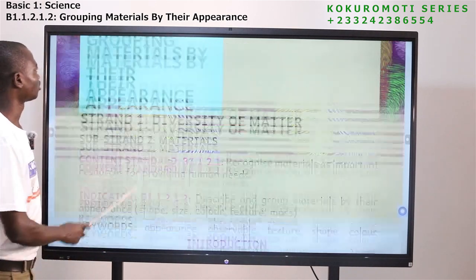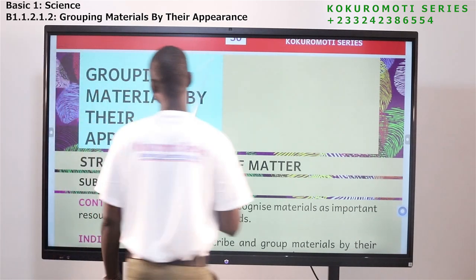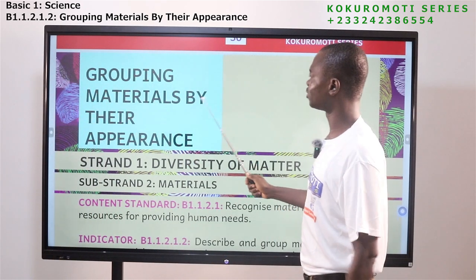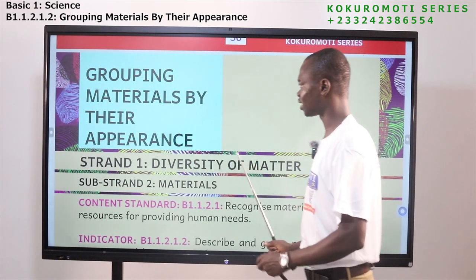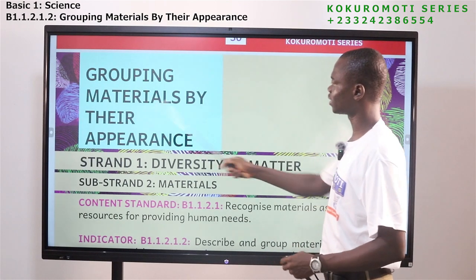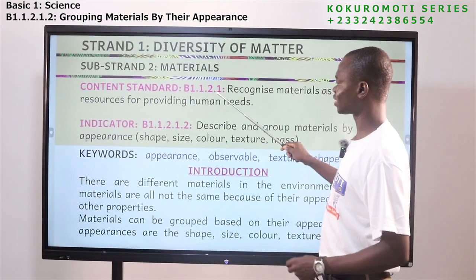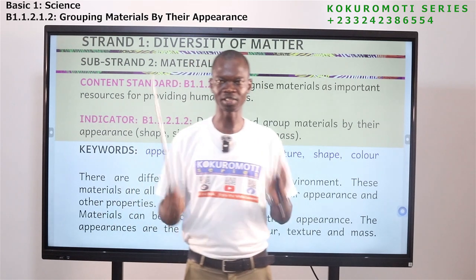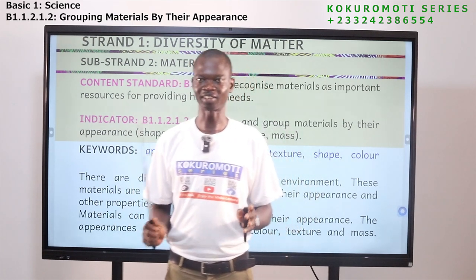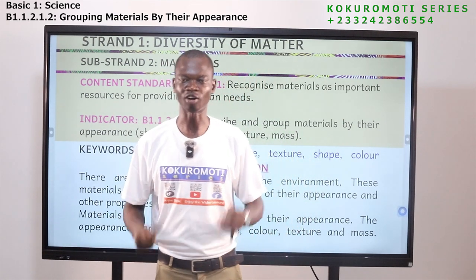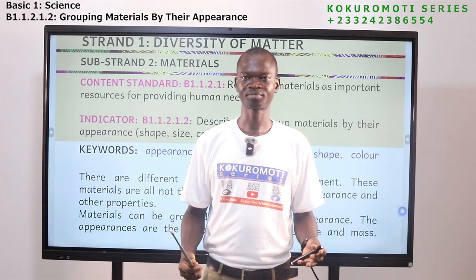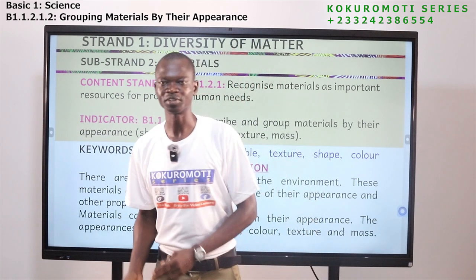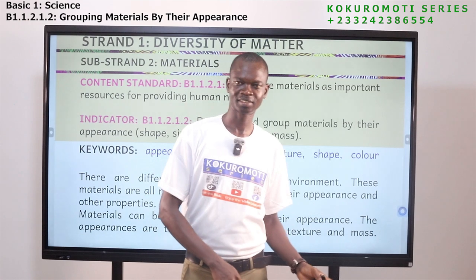Now, the topic for today: grouping materials by their appearance. Before I start, in our previous lesson we learned about materials. Do you remember? What is a material? What is the difference between materials and objects?